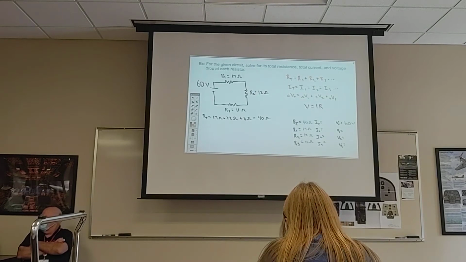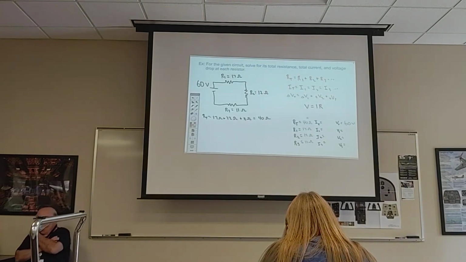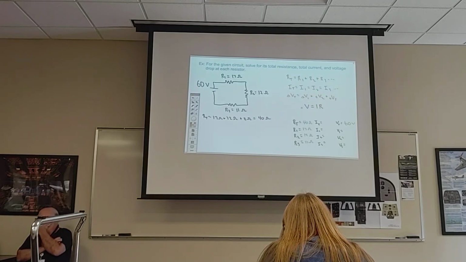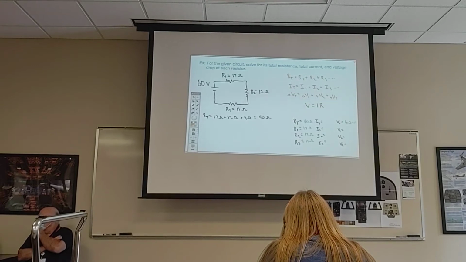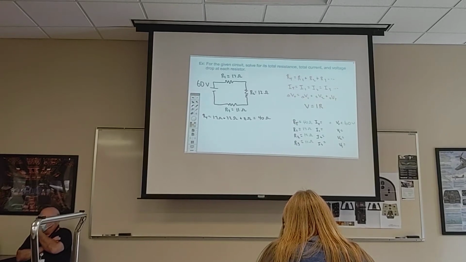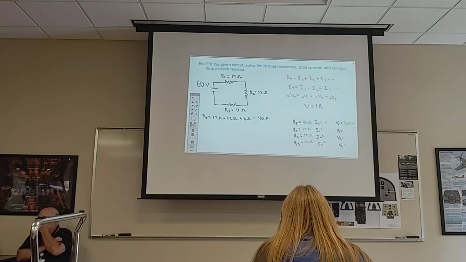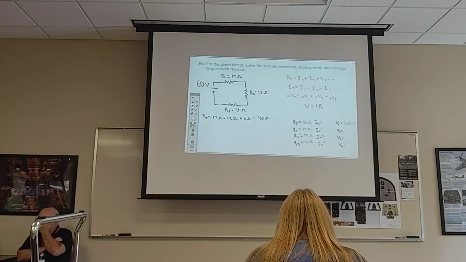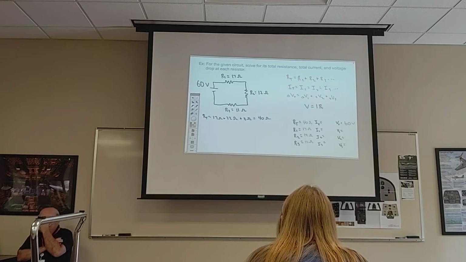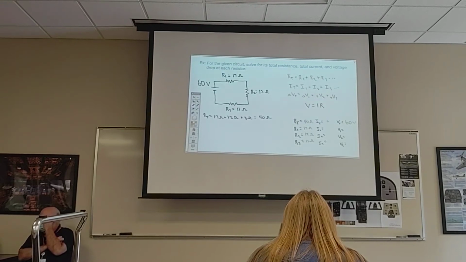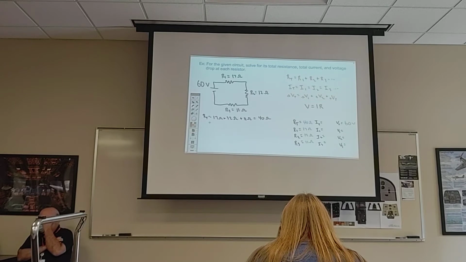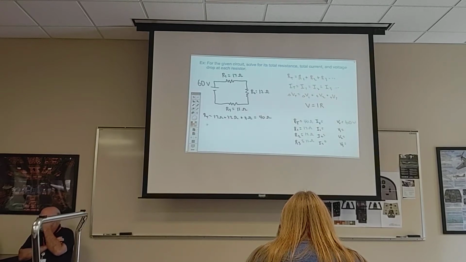And as I mentioned, as we solve for each of these totals, we're going to come back to this equation right here. So as you see, I've got my total resistance and I've got my total voltage. So my missing unknown value for the total is the total current. Let's plug that in to V equals IR, and we can then solve for our total current. So our voltage here is 60 volts.